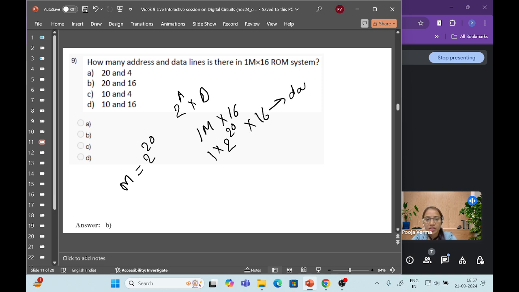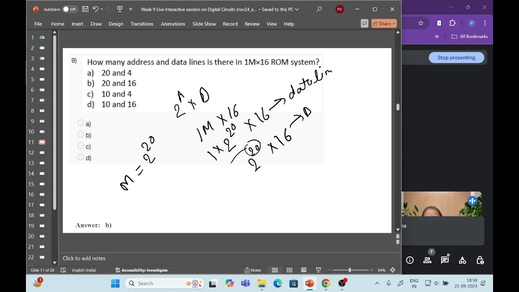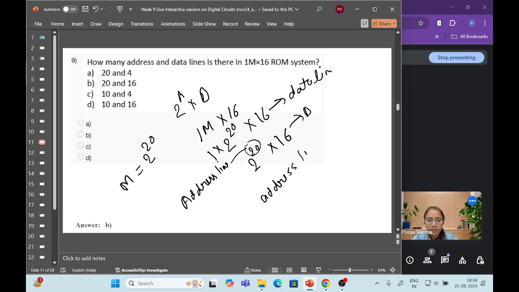That means 16 is the data lines and 20 is the address lines. So address lines equal 20 and data lines equal 16. Option B is the correct answer for this question.